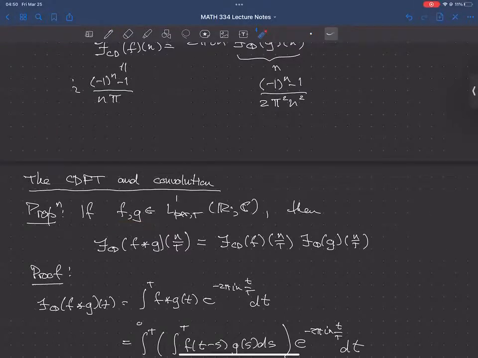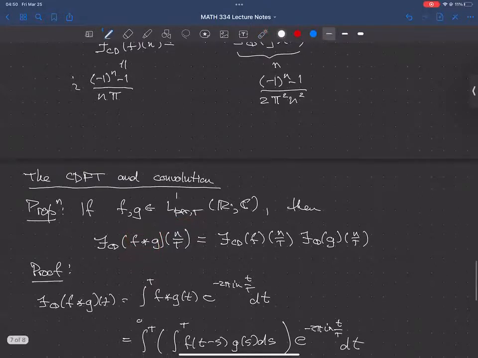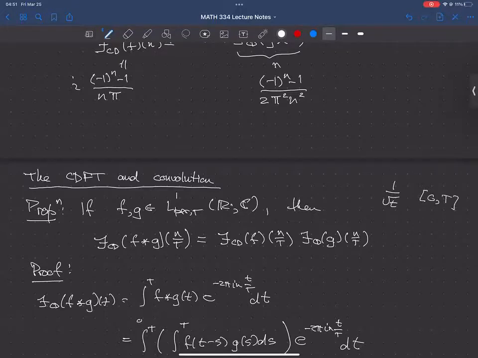pretty evidently because if you're going to take the product of two functions in L1, that's not necessarily going to be in L1 anymore. Okay, so as an example of that, you can take 1 over root t on the interval 0 to t, that is in L1, right?